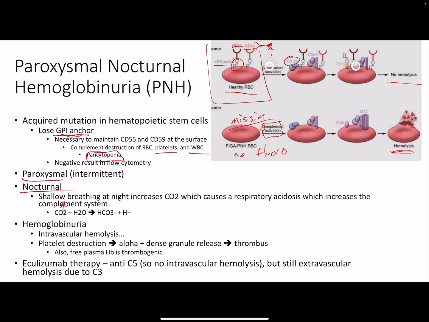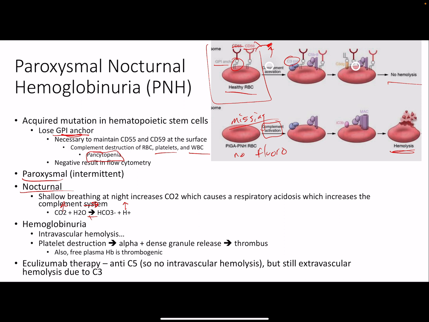And we all learned in undergraduate intro chemistry that Le Chatelier says if that goes up, this is an equilibrium, so it's going to push this to the right. So the hydronium, H plus, concentration goes up. This lowering of the pH causes this respiratory acidosis, which is actually going to stimulate the complement system, which is why this might be worse at night.